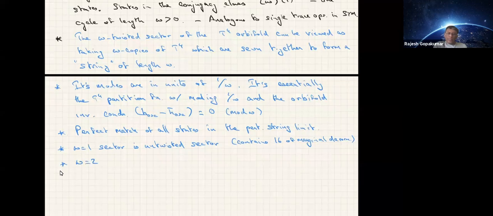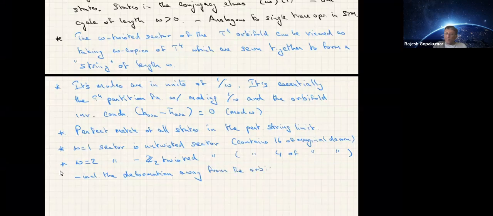But the W equals 2 sector, that's the Z2 twisted sector. This contains the remaining 4 marginal deformations. And this has the interest, including the deformation away from the orbifold. So this would be the analog of the 't Hooft coupling parameter, the deformation of small lambda.